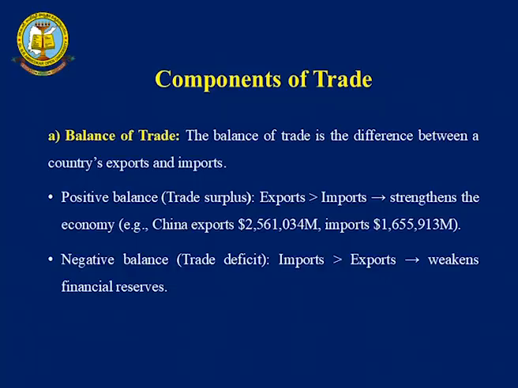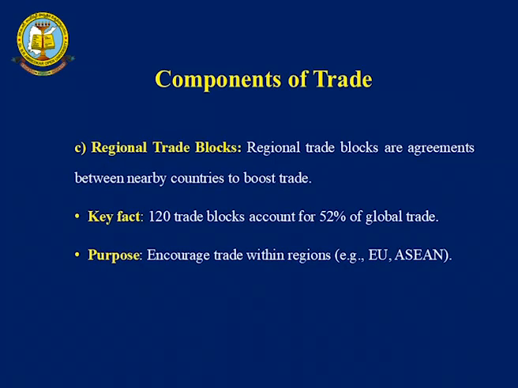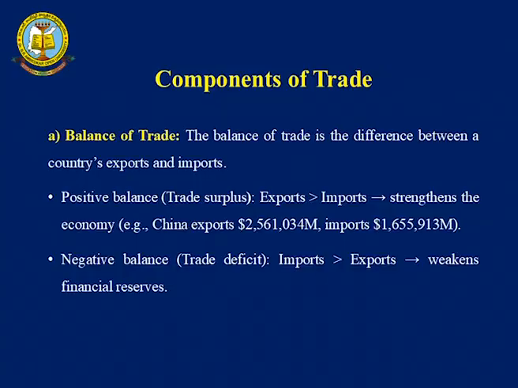Then look at the components of trade. What are the components of trade? There are three components: balance of trade, free trade, and regional trade blocs. What do you mean by balance of trade? Balance of trade is the difference between a country's exports and imports.